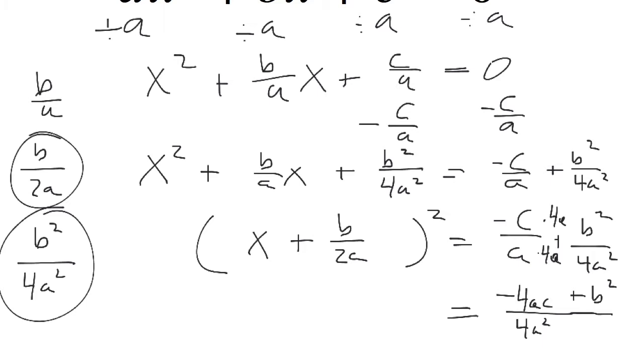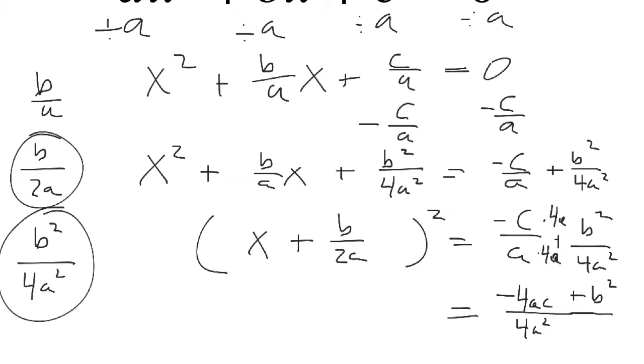Now, of course, I want to make sure I can combine the two fractions, so I need to get a common denominator, which is 4a squared. So therefore, I can multiply both the numerator and the denominator by 4a, so that I get a common denominator of 4a squared. This 4a times negative c would be negative 4ac, and then I can add these two fractions together.